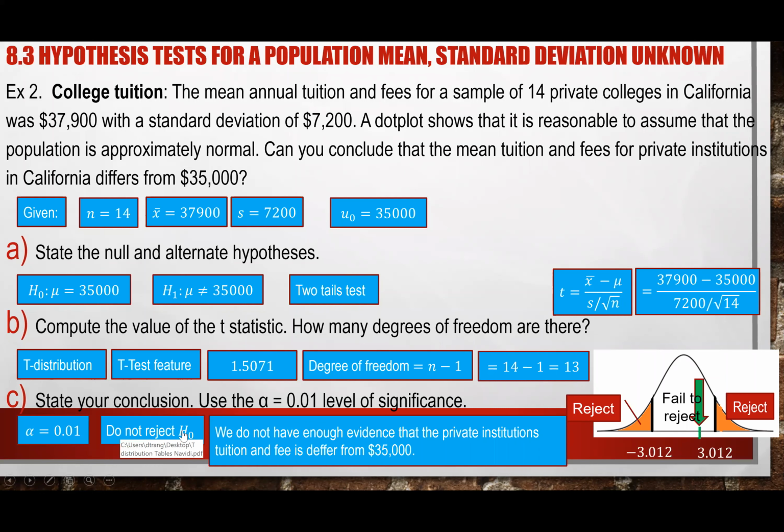And if we do not reject H sub 0, we say we do not have enough evidence to support that the private entity is different from 35,000. So basically, the average price of the private entity is the same as the mean of the population of all colleges in California. Looking at this, we just say we don't have enough information.